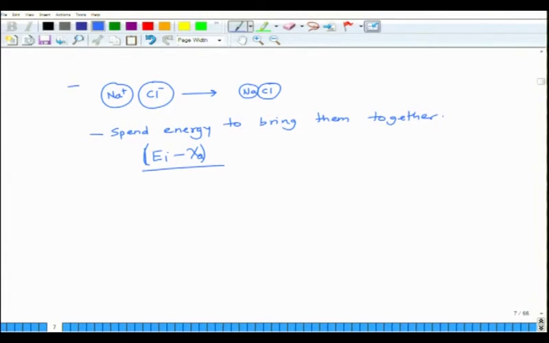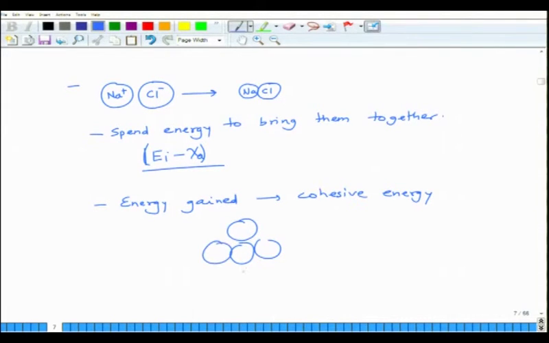And then second is the energy gained. Energy gained is called cohesive energy, which is achieved by bringing the atoms together. So what you do is that you make a periodic structure in that case.